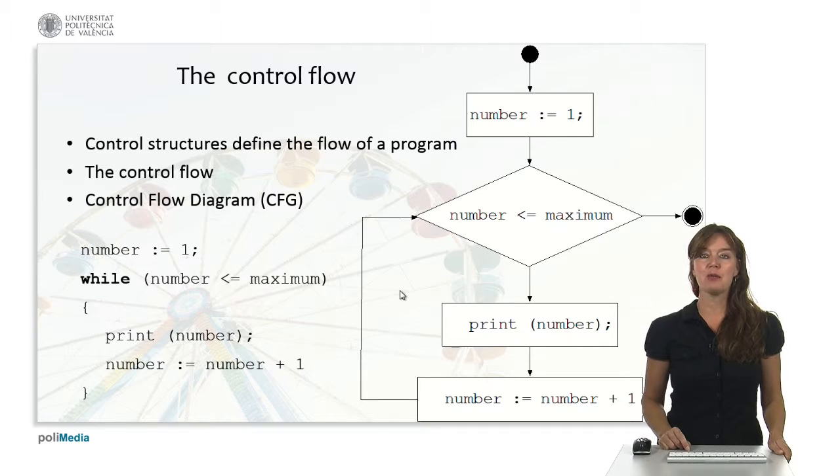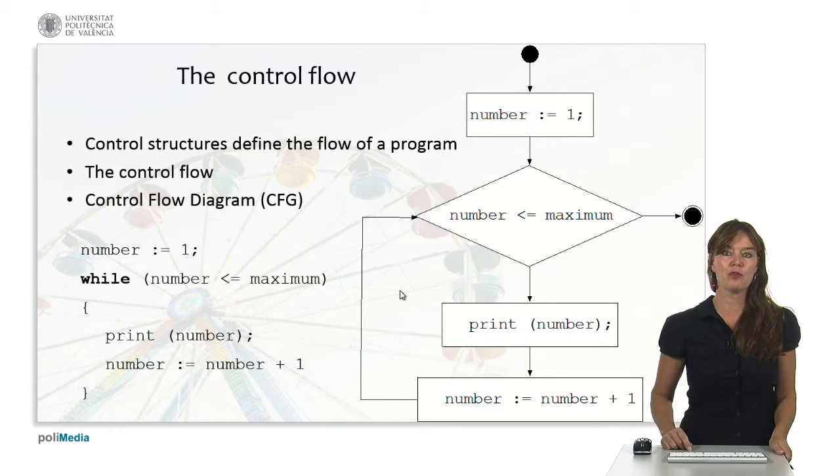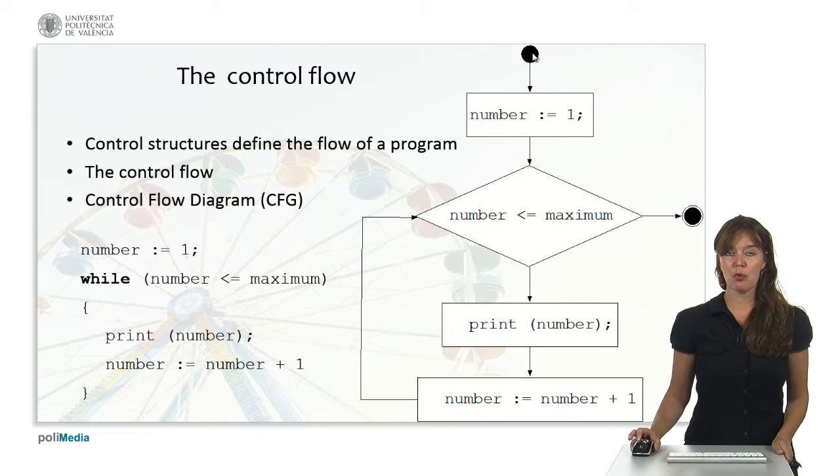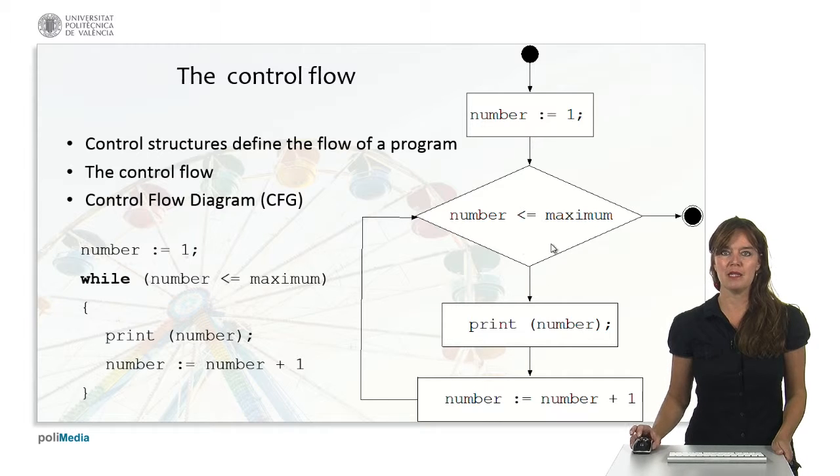And here on this slide we see an example of the control flow graph of the little program we've seen before. So we enter our program. We assign 1 to this number, and if this number is less than or equal to the maximum, we do these statements. And we do them until the number is not less than or equal to maximum anymore, and then we stop the program.